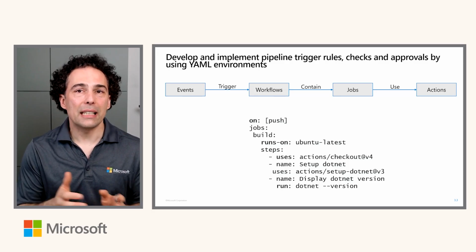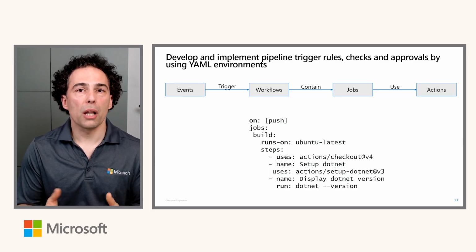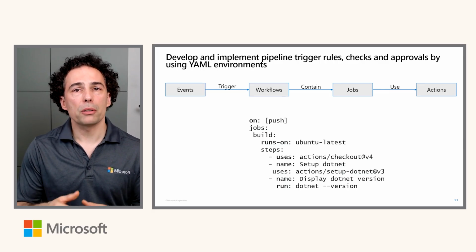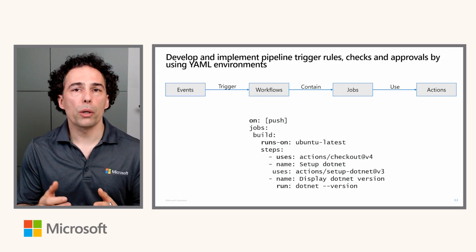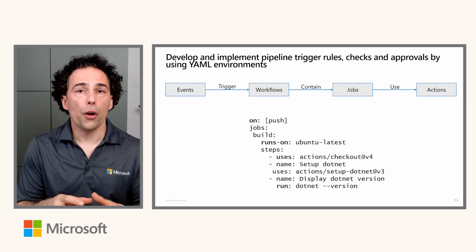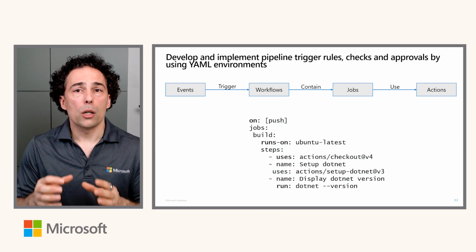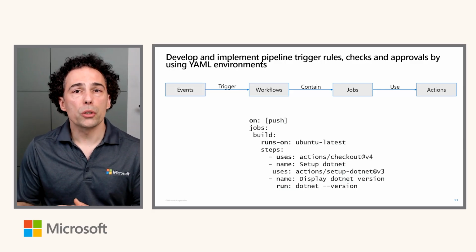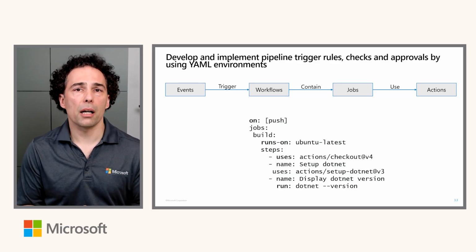Instead of release gates, you can use approval and checks in an environment, and be informed about some of the standard workflow keywords like on for a trigger, runs on for the runner image specification, uses for the action that you're using in that particular step, or run for any command line execution.